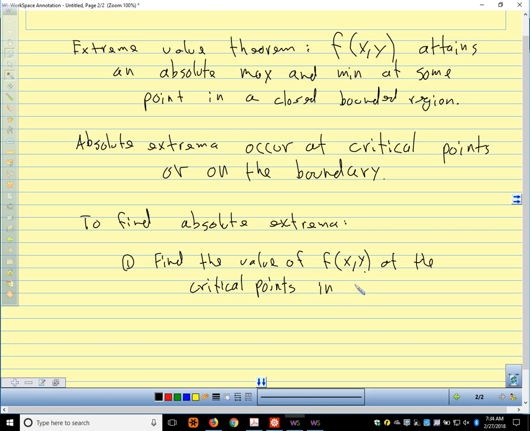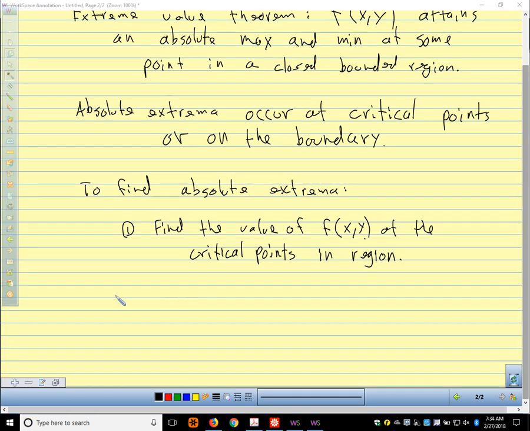And we only care about the critical points in the region. Two, we find the extreme values of f on the boundary.